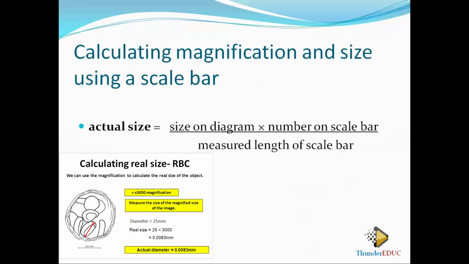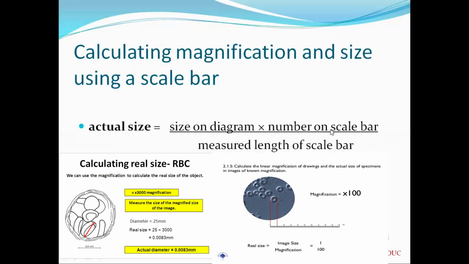Then let's look at the actual size. The actual size on the diagram, they always give you this times the number of the scale bar. So they give you a scale bar, and you have to use the scale bar, then divide by the measured length of the scale bar.